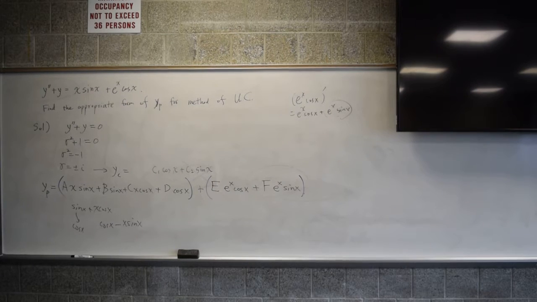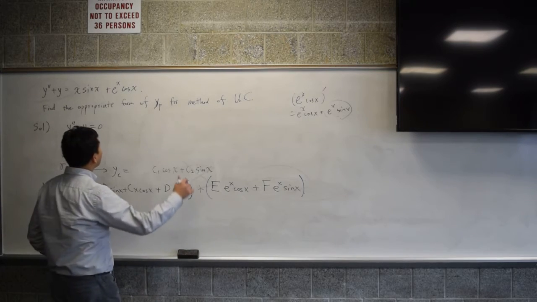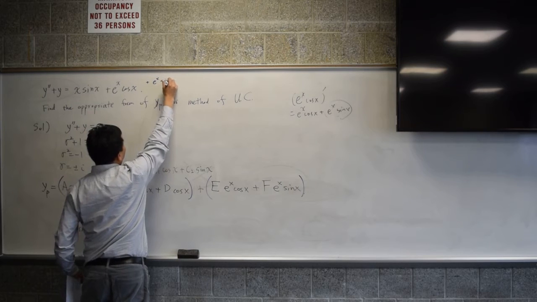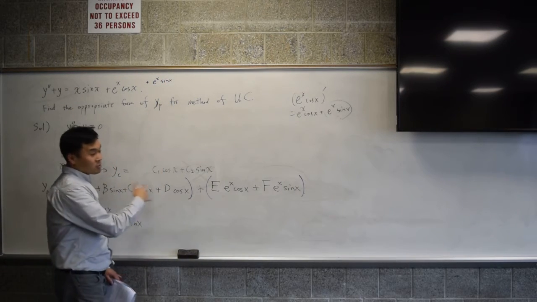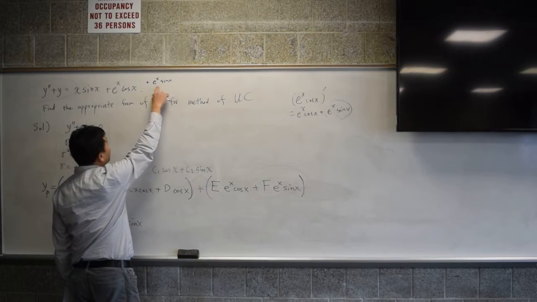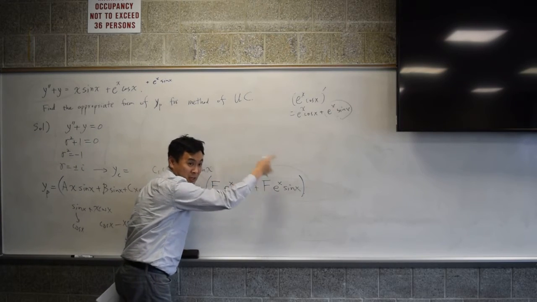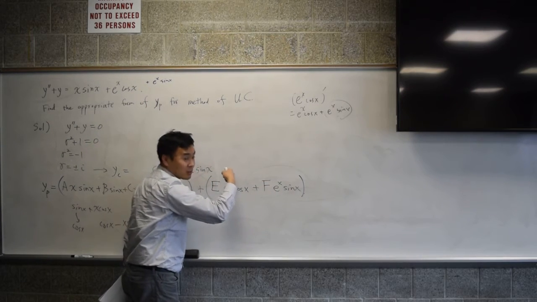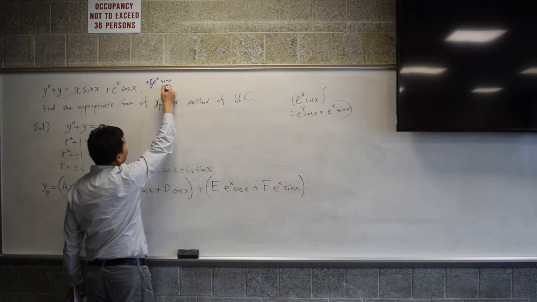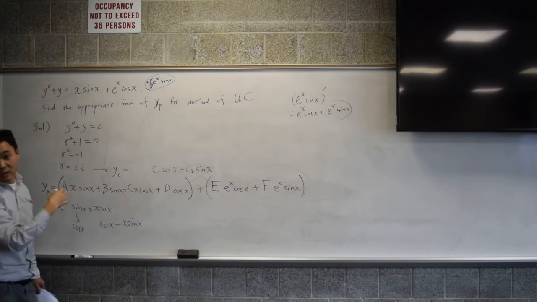Now, let me ask another question before I move on to the right answer. What if I had plus e to the x sine x here? Would the answer be different? No, it wouldn't, because this one is included in here, right? So they would belong to the same group. They would both be covered by this single thing. So whether I have this, or 5 times this, or 6, or whatever, this term wouldn't create anything new in our yp.